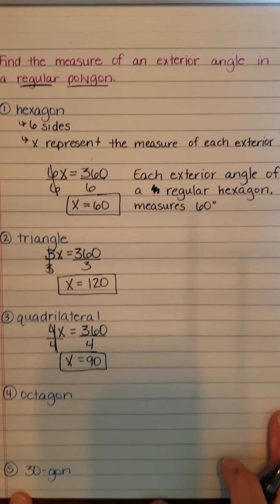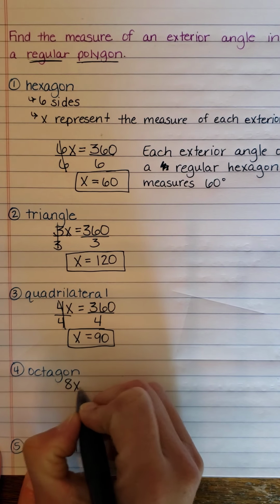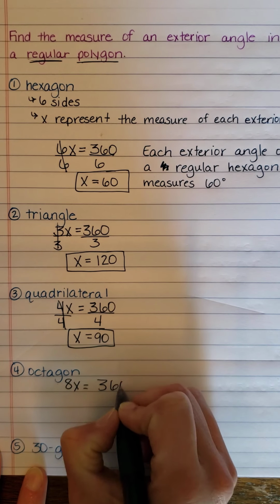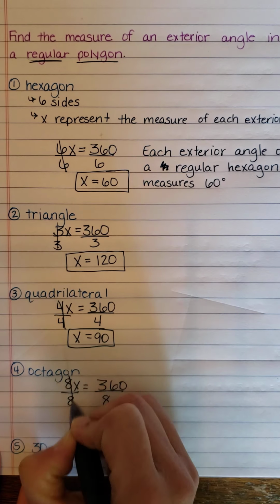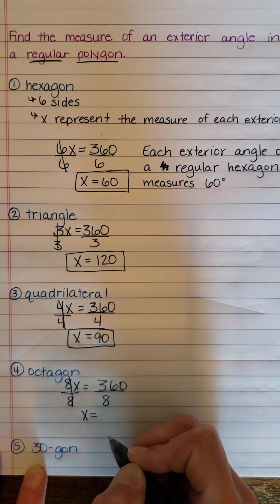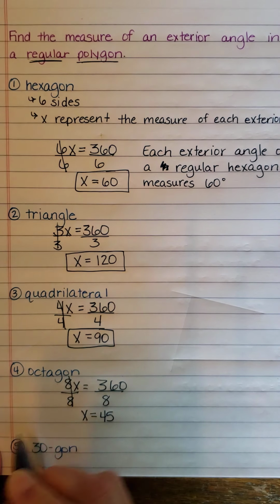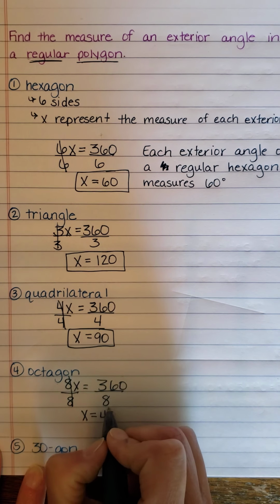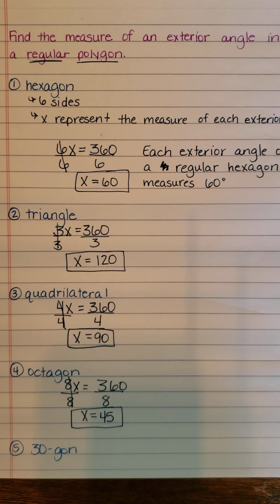All right, then we have an octagon. An octagon has 8 sides, so that's going to be 8x equals 360. We're going to divide each side by 8. x equals 360 divided by 8, which is 45. So in an octagon, the measure of each exterior angle is equal to 45 degrees.